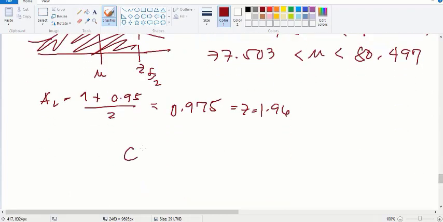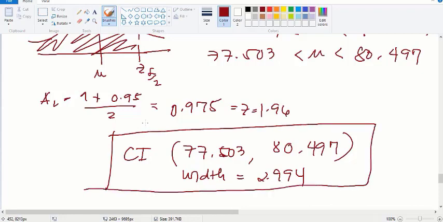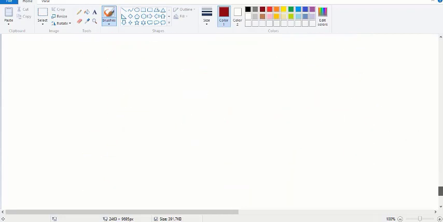So, your confidence interval is 77.503 to 80.497, and the width of that, we just subtract these two, is 2.994. Okay, that's it. Okay, how about another question?